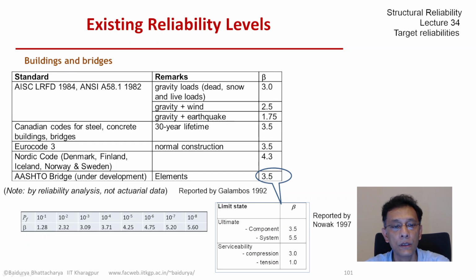For example, we have the ultimate limit state and the serviceability limit states, and we see beta values of 3.5, as you already see there. We see also the beta for the system, so there is a lot of reserve capacity, which could be one measure of redundancy. And then we see a good range for beta values in serviceability, depending on compression or tension.